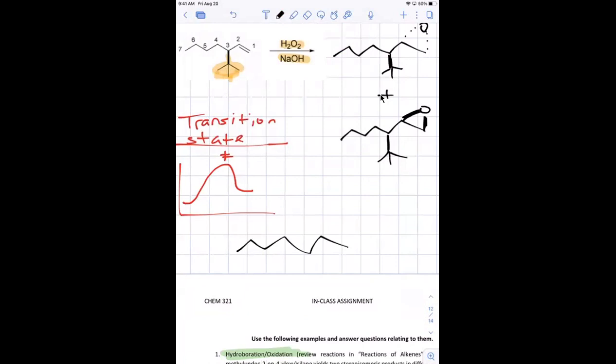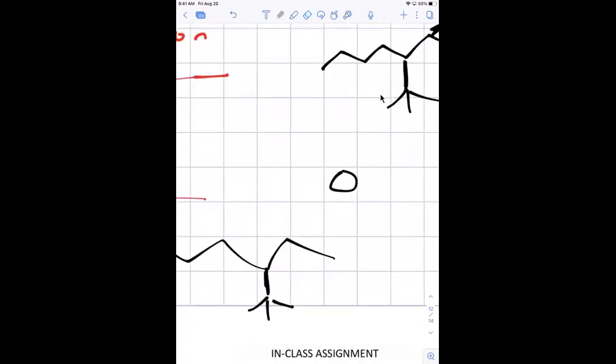The transition state here, you'll have oxygen coming in, and that oxygen is going to be partially bound to one of these carbons, and one of these carbons is going to be partially bound to oxygen.